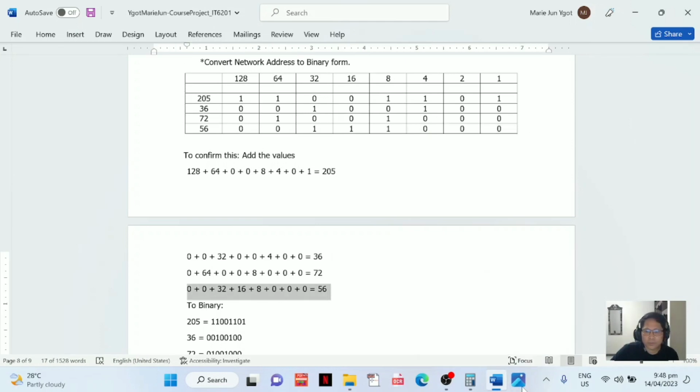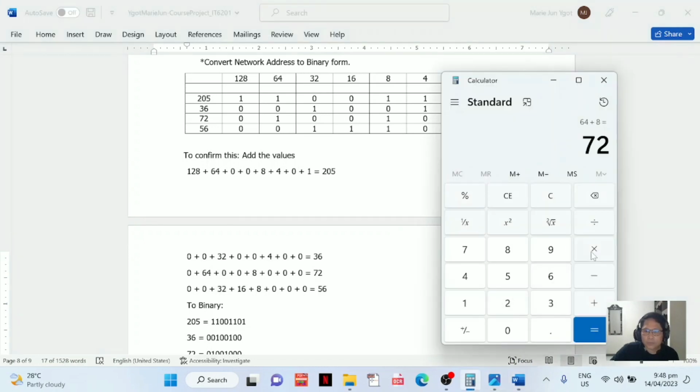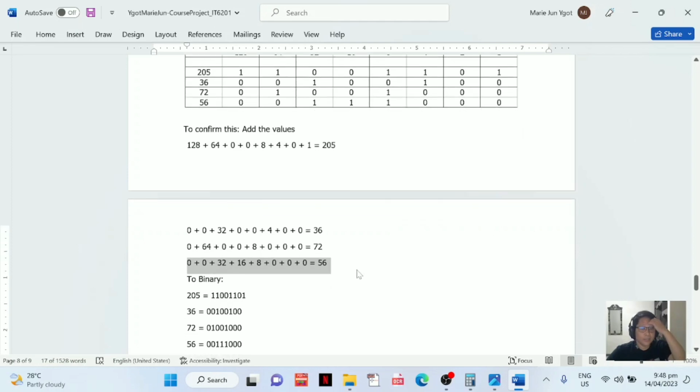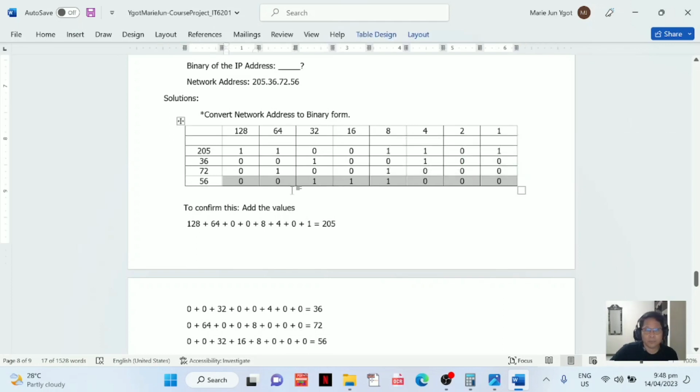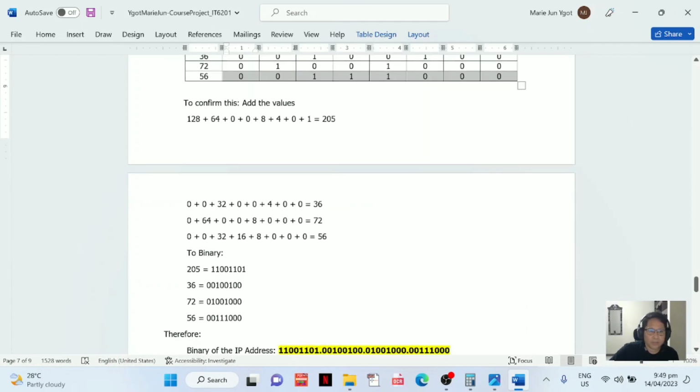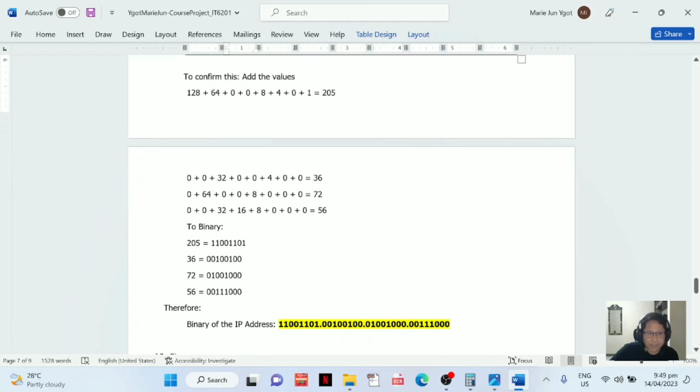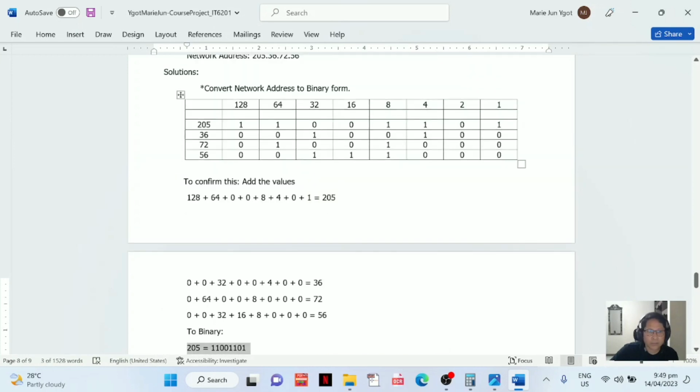To confirm this one, 32 plus 16 plus 8 is equal to 56. So we get the binary form of 56: 0, 0, 1, 1, 1, 0, 0, 0. Okay? So we're going to get the binary of 205. This is its binary form.